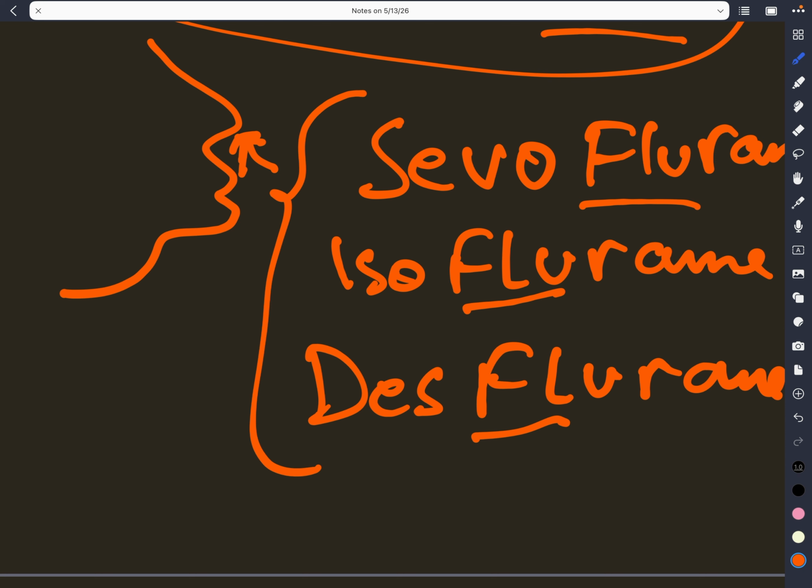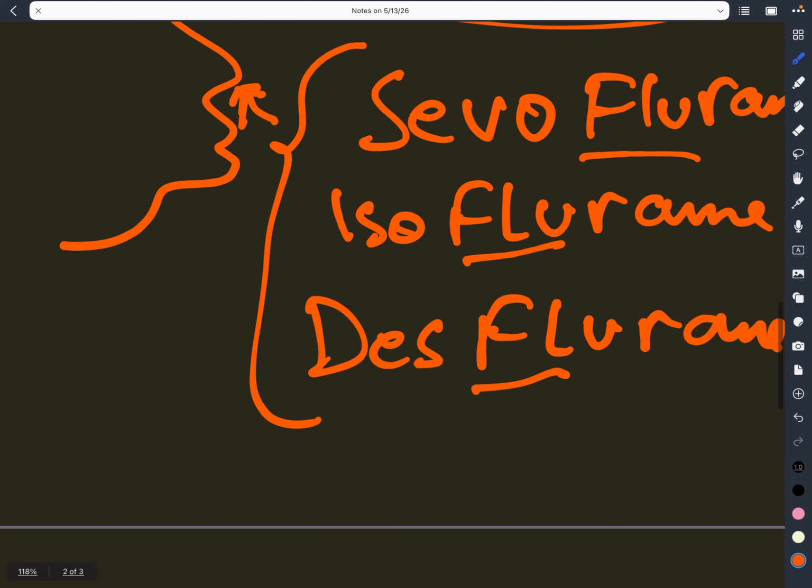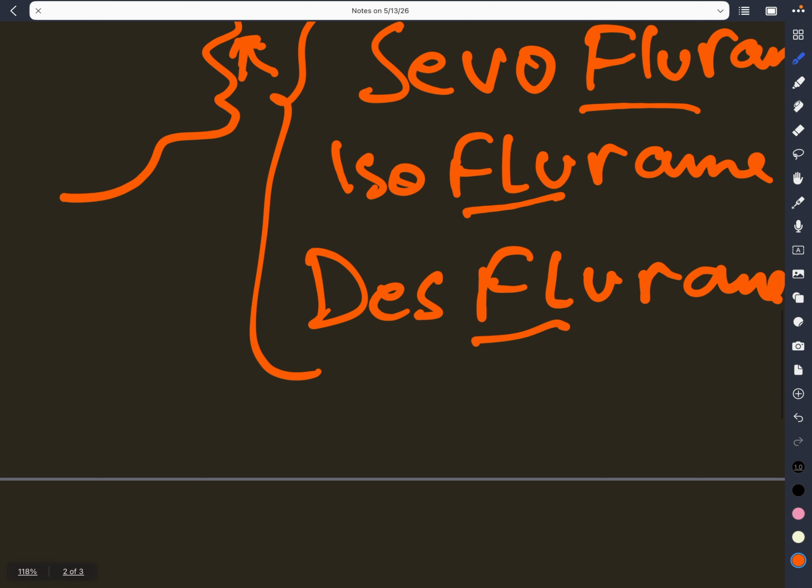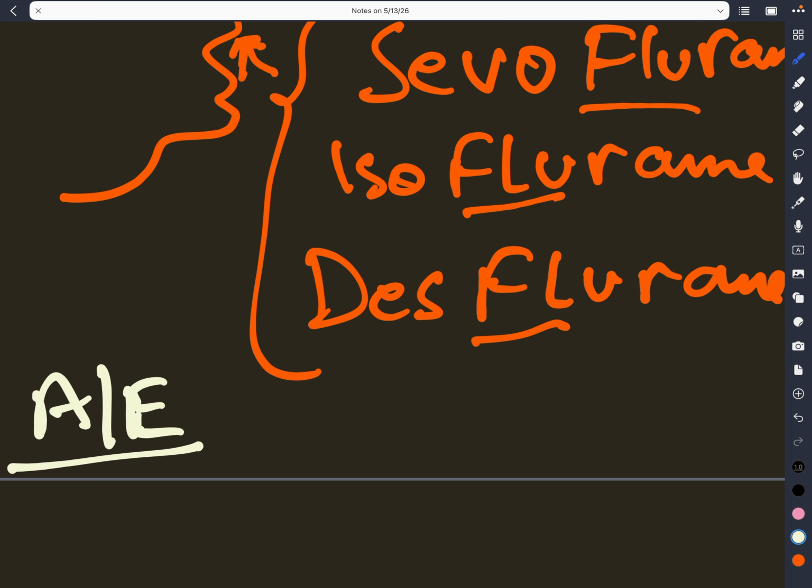What is the mechanism of action of inhaled anesthetics? We don't know. Mechanism unknown. However, we do know the adverse effects. Number one is respiratory depression, a decreased respiratory rate. Normal is 18 to 20, and with anesthetics it can go down to 8 or 9.